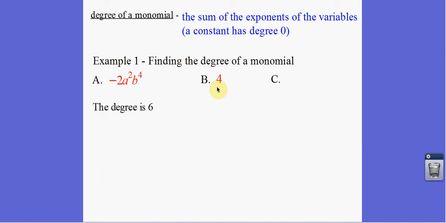If I look at just the plain old number 4, it's a monomial, but it doesn't have any variables, so the degree is 0. And last but not least, if I look at 8y, the exponent on just this singular y is 1, so the degree of that monomial is 1. So the degree of a monomial is the sum of the exponents of the variables.